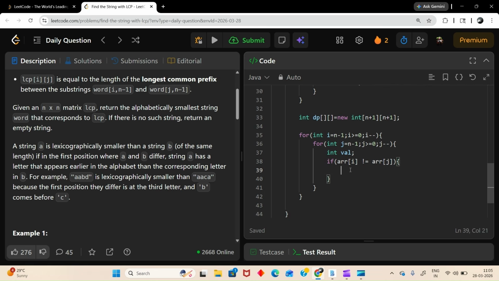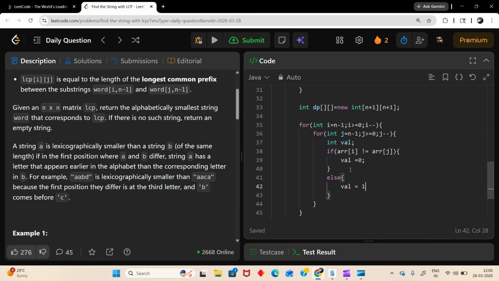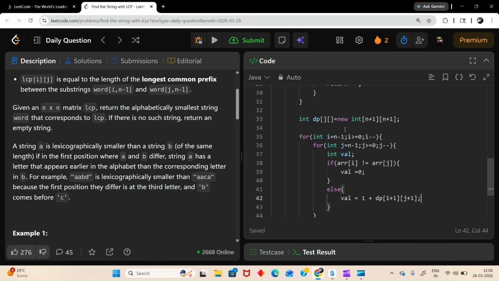If it is this, then value is equal to 0. Else if both are the same, in that case my value will be 1 plus dp of i plus 1 and j plus 1. Why will we not get index out of bounds here? Because the size is n plus 1, so we can have the index n.